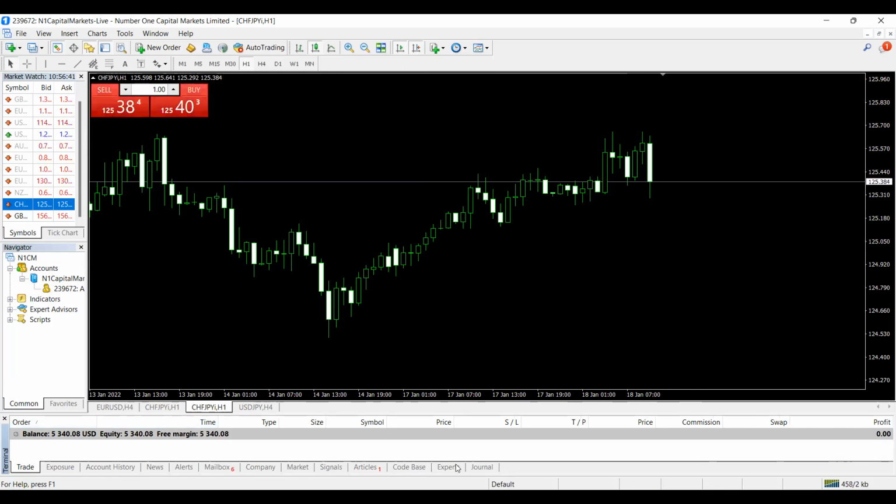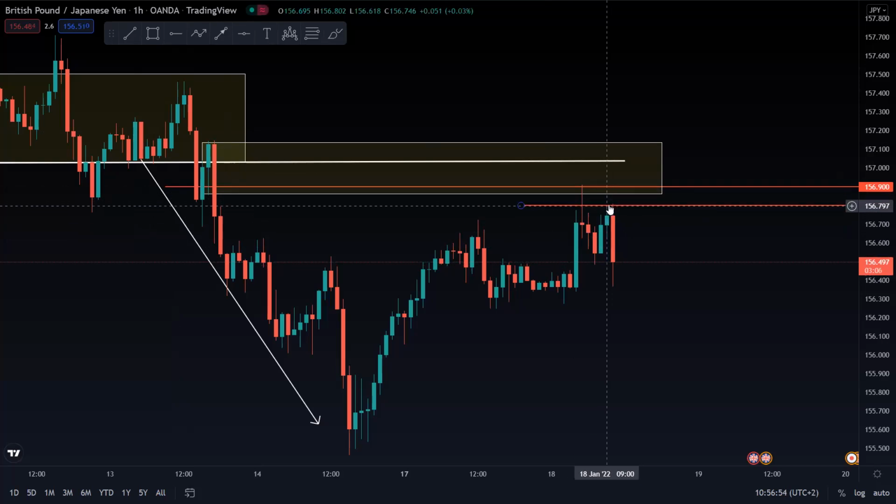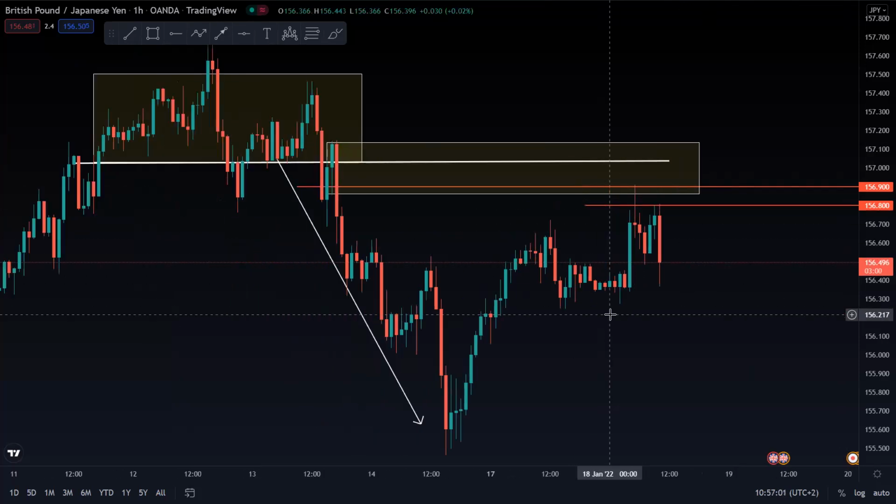And so now, what was the reason why I entered? The major reason why I entered and sold was the order block where the market on GBP JPY bounced, and then I waited for its retracement and I entered on this 156.800 price, and then I sold.